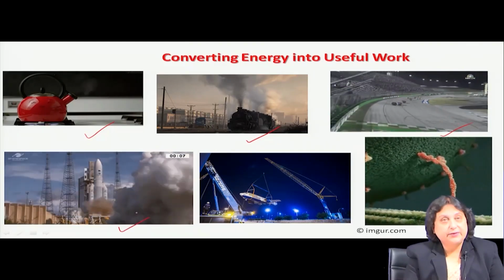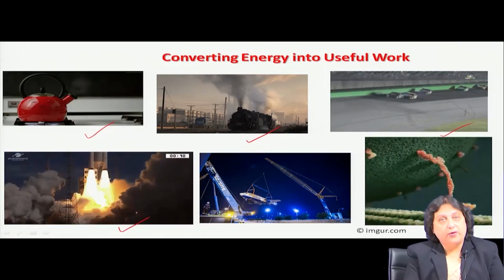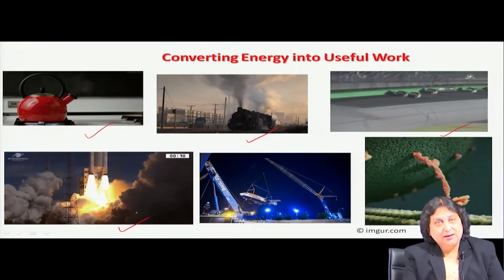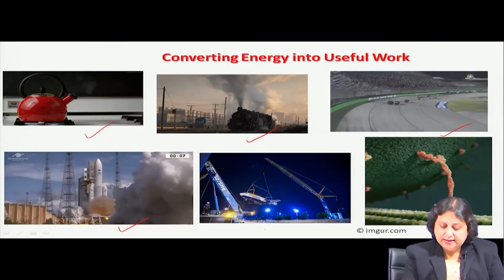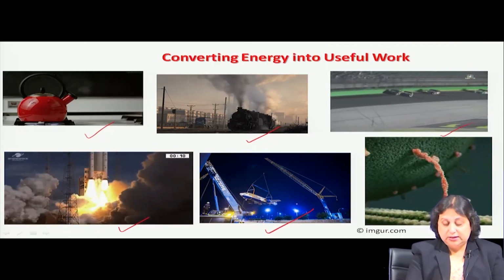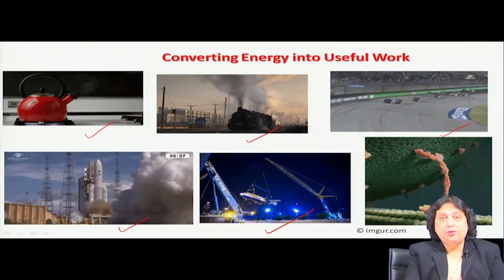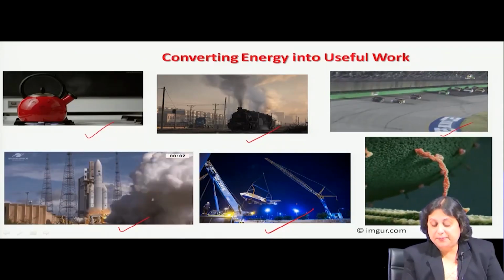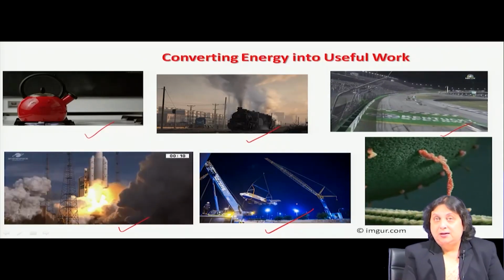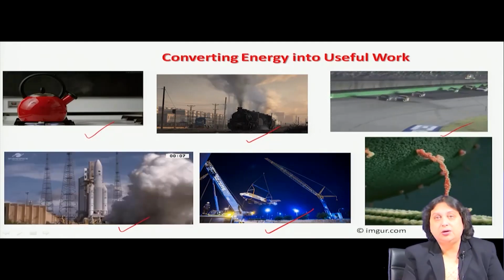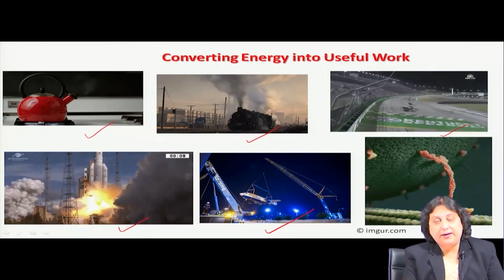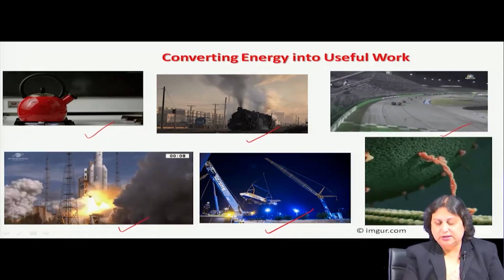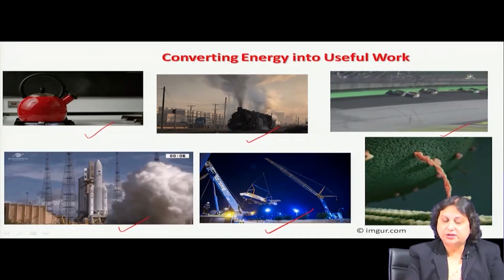We are launching rockets where the motion of the rocket defies the forces of gravity using the rocket fuel. We can lift very heavy loads. For example, as you see, a very heavy load is being lifted by a crane, or it may so happen that within our body, a useful physiological load, a metabolite, can be carried from one place to the other by the use of biological motors like a motor protein that I have shown here.